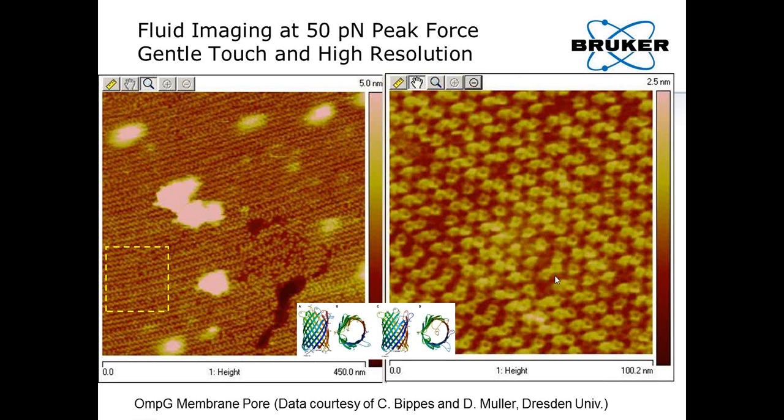On the right, in the high resolution, which is a 100 nanometer scan, you can see individual protein molecules there, and you can also see, let's say I'm pointing to a protein molecule there, in the center there's a hole. That's the opening channel of the protein. So that's where the ions come in and out of the cell. So you can see that.